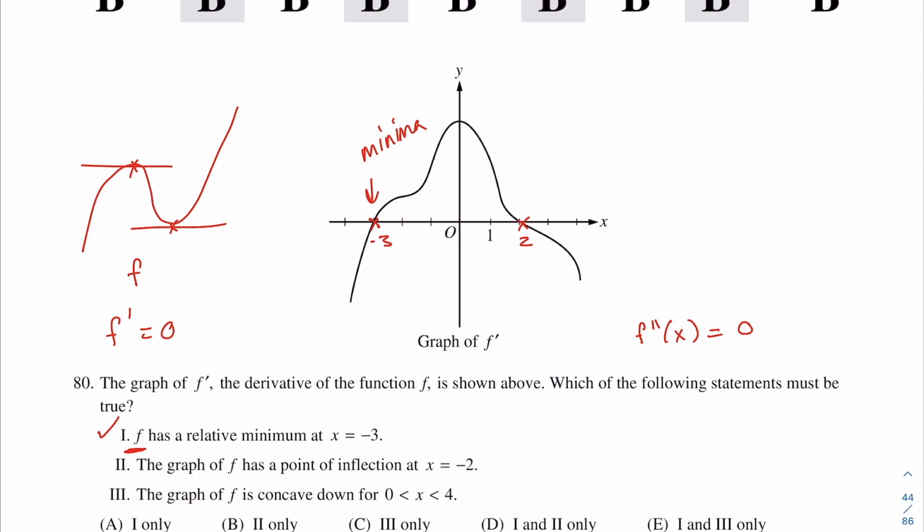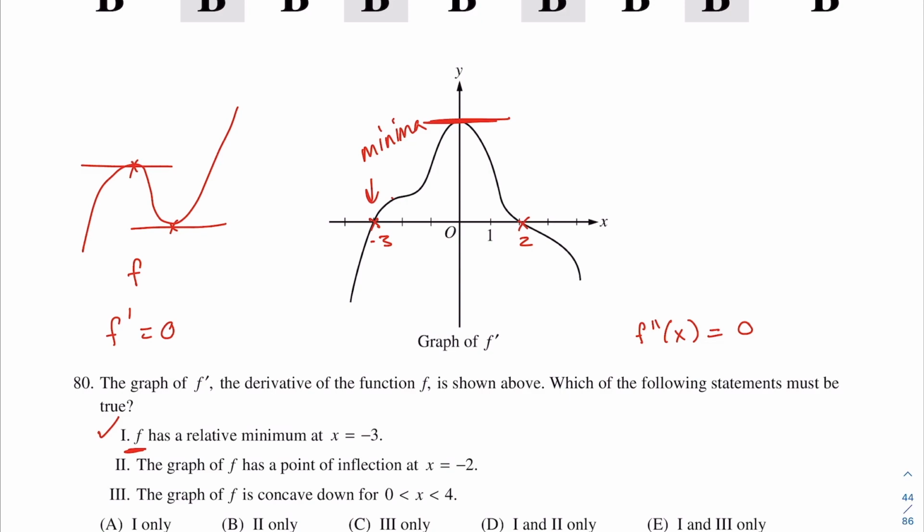So looking at our graph of f prime, the points where f double prime of x is equal to 0 is when the slope of this graph is 0. So the only point that really stands out here is this one. Here, it looks like it might equal 0, but it's not. The direction doesn't change. So this is actually not a point of inflection.